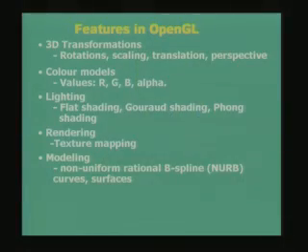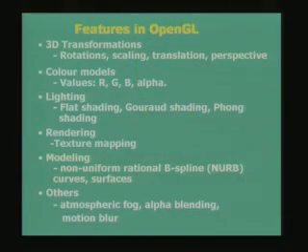The color of the light may not have an alpha factor, it will only have an RGB, but the material may have, or primitives will have an alpha factor. So, coming to the last part of the features in OpenGL, we talked of atmospheric fog, alpha blending corresponding to this alpha, and you can have effects such as even motion blur. That will be very interesting.